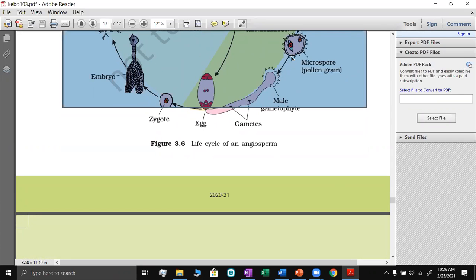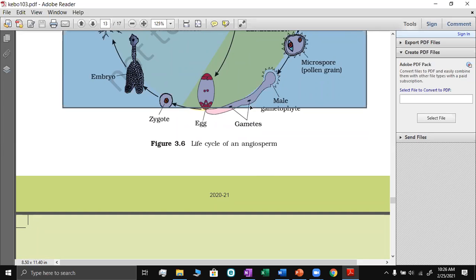The male gametes are carried by the pollen tube. As the tube is carrying the gametes, it is known as siphonogamy, siphonogamous fertilization.